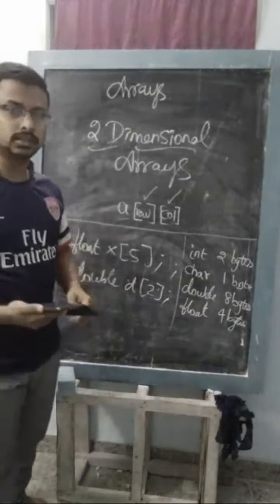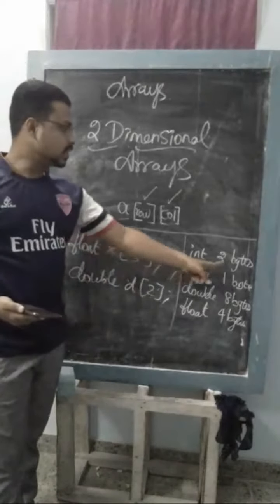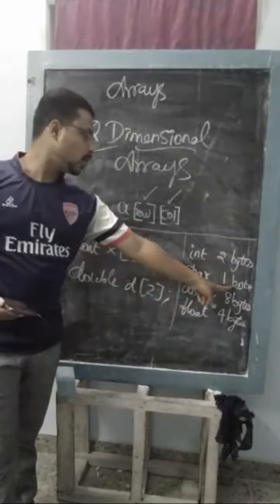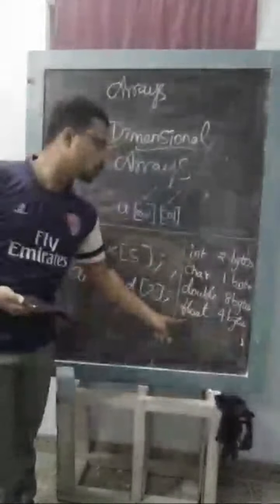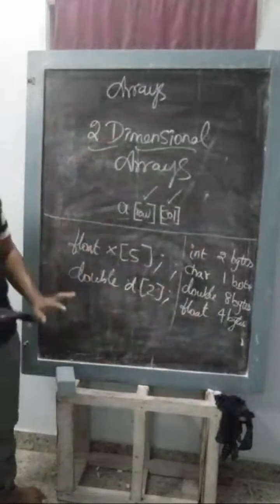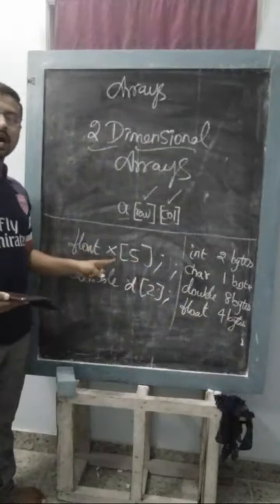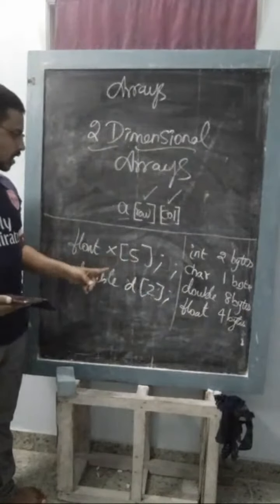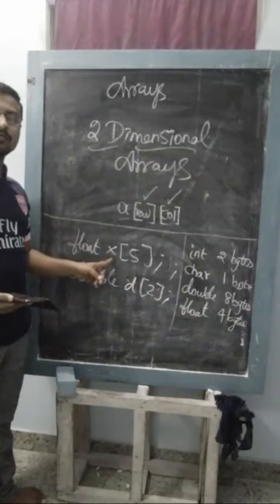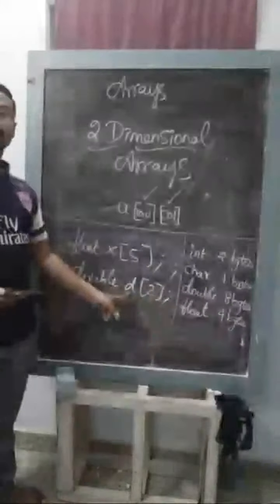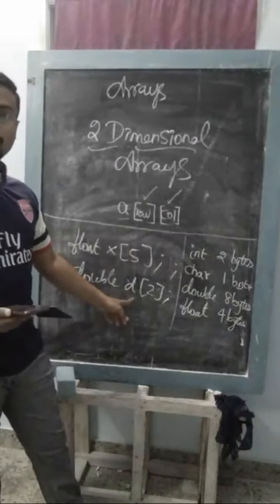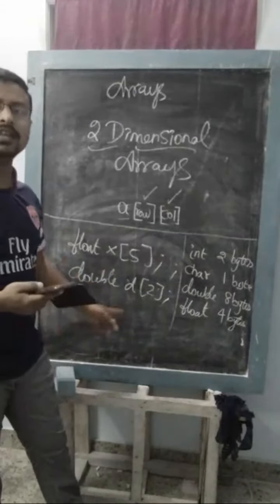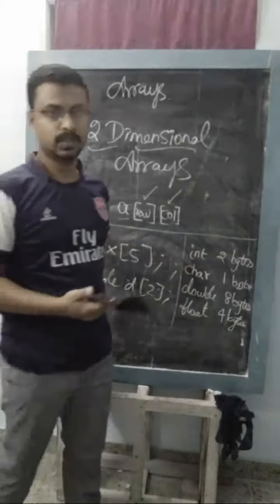Mention it through the comments. You got that? Integer consists of 2 bytes, character 1 byte, double 8 bytes, float 4 bytes. Now you just say how many elements are in the X array and what is the size of the X array. How many elements are in the D array and what is the size of the D array? I need the answer through the comments.